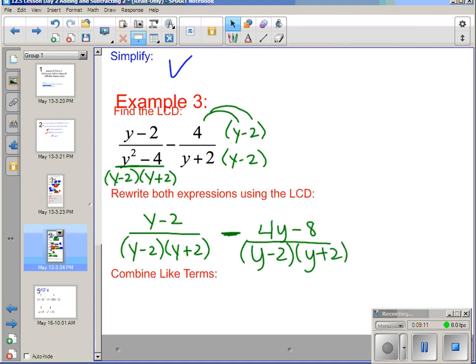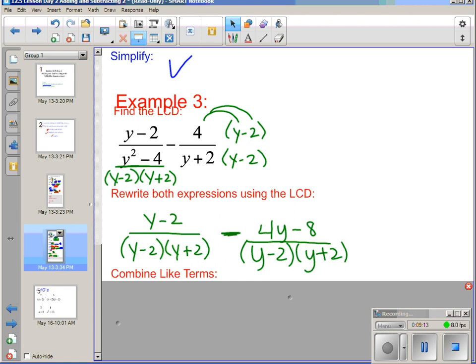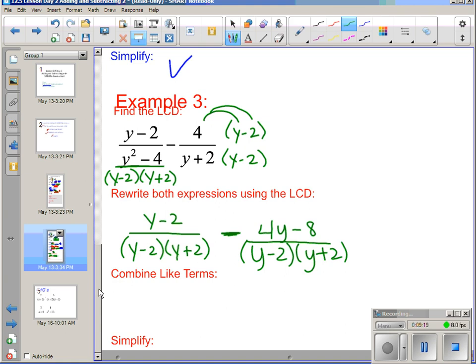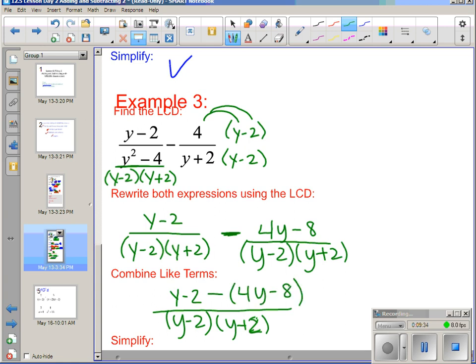Now I can start combining. I'm going to write it out on top. I know the bottom is going to be y minus 2, y plus 2. But this is where it gets a little tricky with subtraction. I'm really doing y minus 2 subtract 4y minus 8.